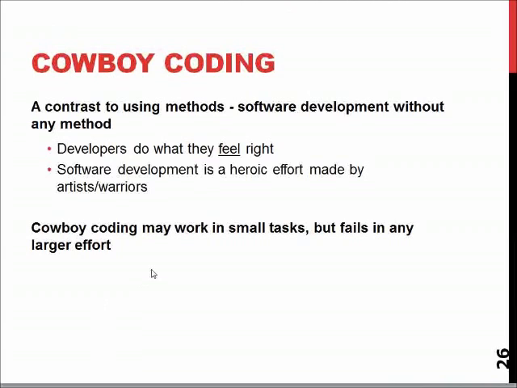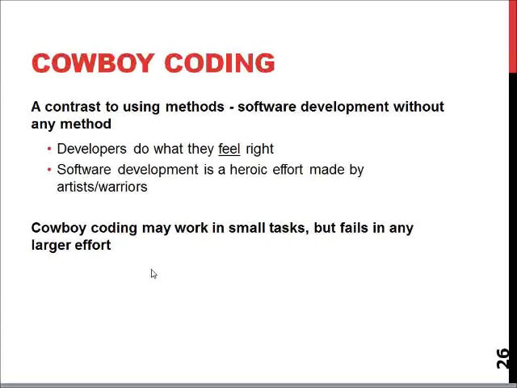Cowboy coding is the term we are looking for when we are in contrast of actually using some sort of development method. Cowboy coding means that the developers do what they feel is right or what they want to do, or solve any issue the best way they see fit, even though it would be a hindrance on the larger scale.